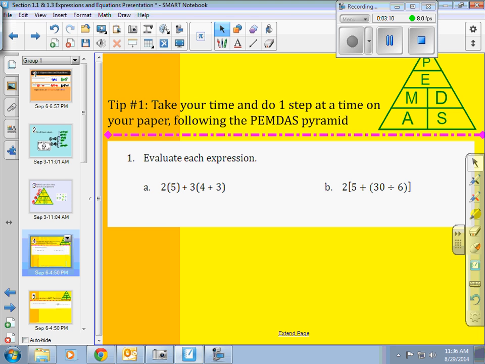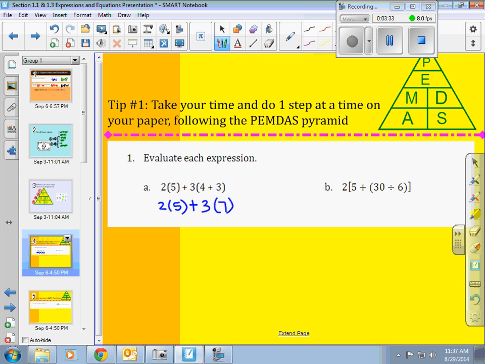Okay, so number 1, evaluate each expression. So part A, we look for parentheses, and I see parentheses. So I'm going to take care of what's inside there, just rewriting everything else. So 4 plus 3, well, that's 7. Okay, exponents, I do not have any exponents, so then I move on to multiply and divide from left to right.